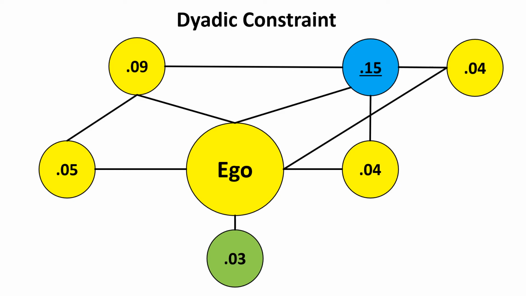So our other 0.4s or other 0.09s are all watching our blue alter and seeing what the ego does to the blue alter if they're implementing these trade barriers. So there are more people having visibility on that than anyone having visibility, for example, on the green alter, which no one is watching because they don't trade with them.